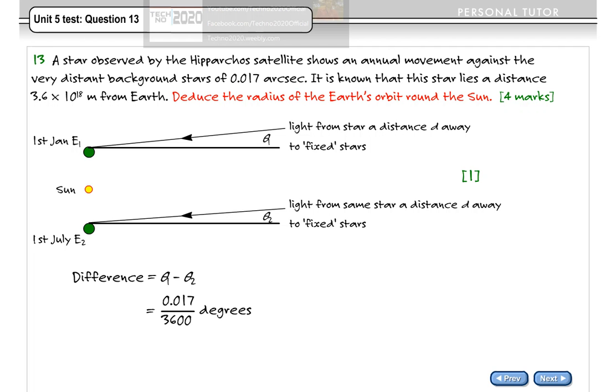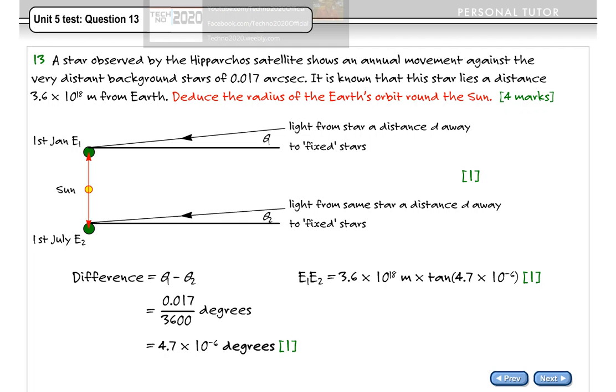That is 0.017 divided by 3,600 degrees, and that works out to be 4.7 times 10 to the minus 6 degrees. So the distance E1E2 is 3.6 times 10 to the 18 metres multiplied by tan of 4.7 times 10 to the minus 6. And that works out to be 2.95 times 10 to the 11 metres.